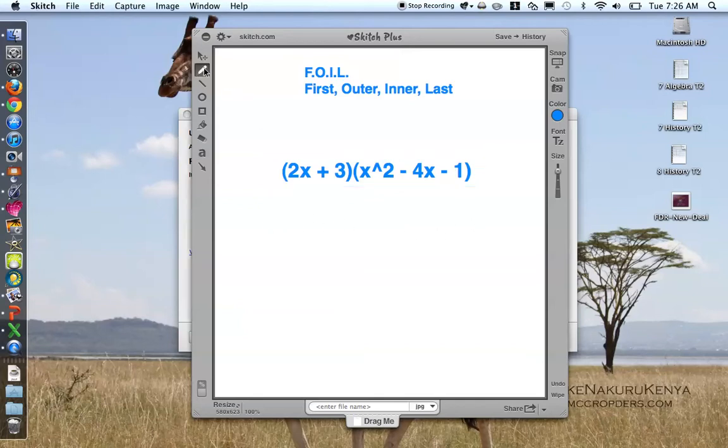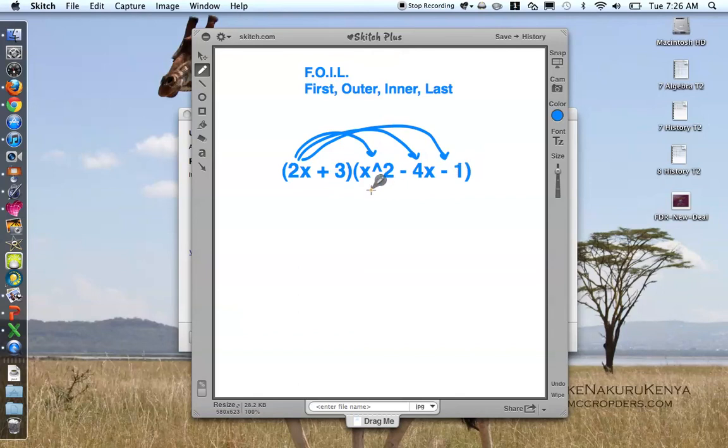So if you want to know what that's going to look like, it's going to look something like this. We'll start with a 2x, and then we'll multiply 2x by each term in the trinomial. So 2x times the x squared, 2x times the negative 4x, and then 2x times negative 1. So we got to multiply 2x by all 3 of these terms.